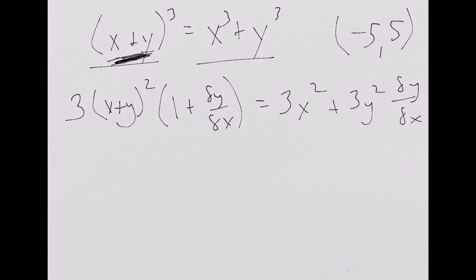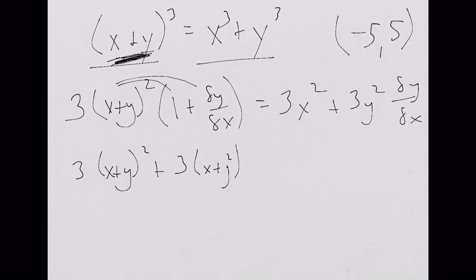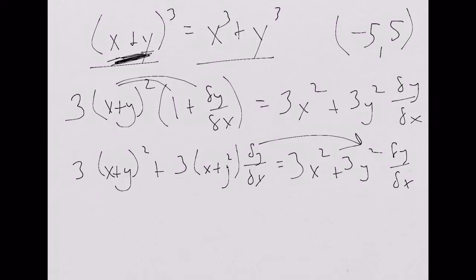So now my job is to get all my dy/dx's on the same side. Might be easier if I go ahead and distribute this. So I get a 3(x plus y) squared dy/dx equals 3x squared plus 3y squared dy/dx. So now I'm back to the same thing. I want to get all of my dy/dx's on one side and then divide by its coefficient. I think it might be easier just to move this one over here.